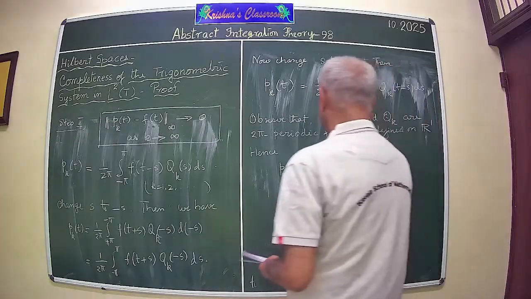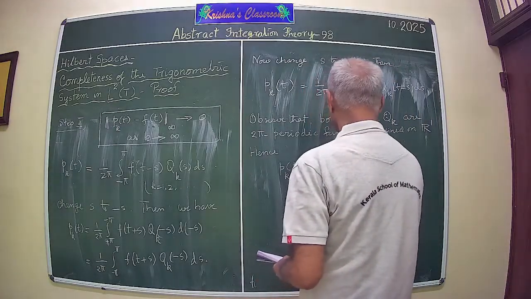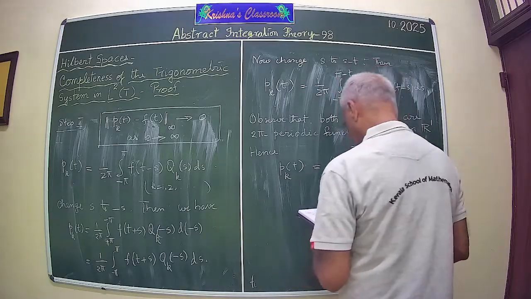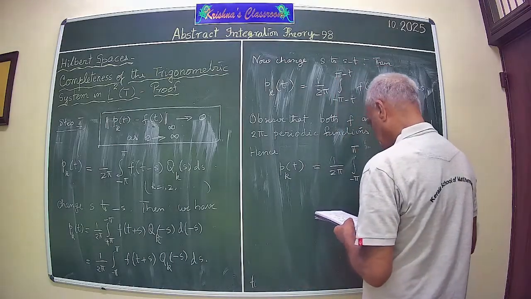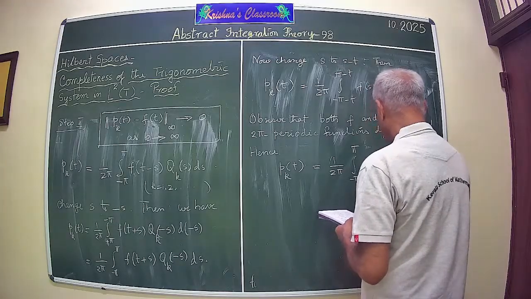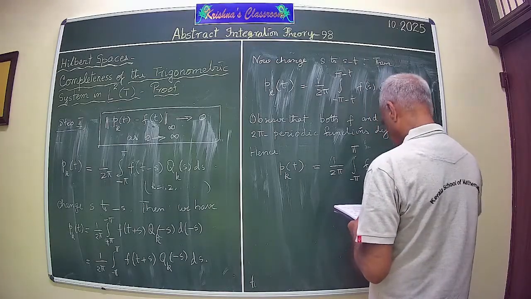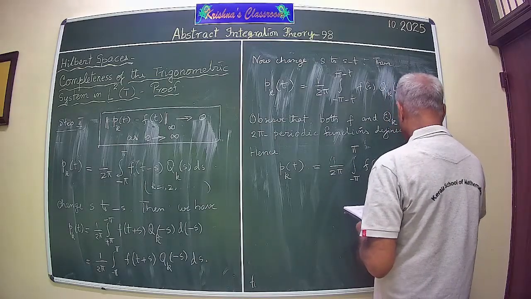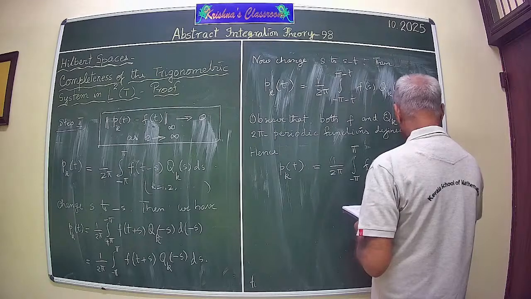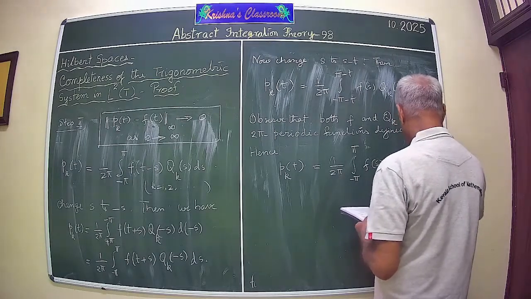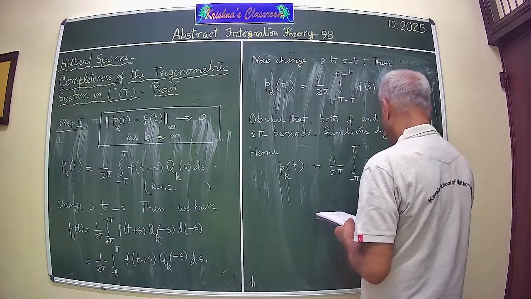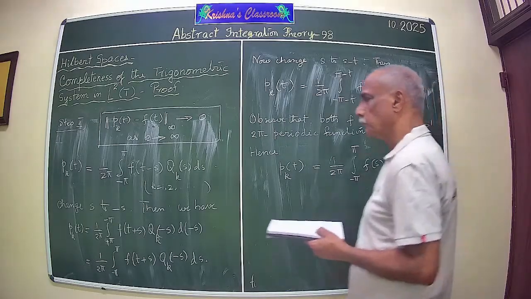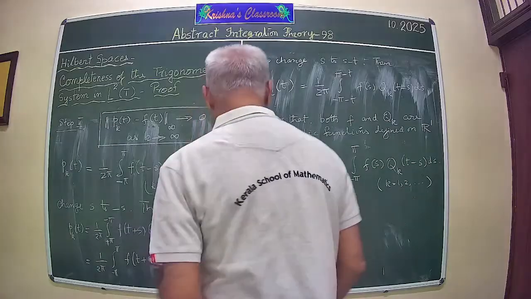So Pk(t) is equal to 1 upon 2 pi times the integral from minus pi to pi. So this result we get.